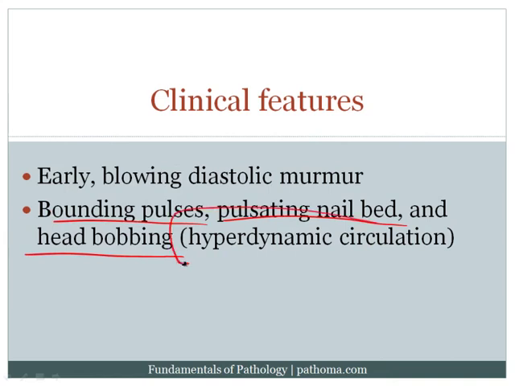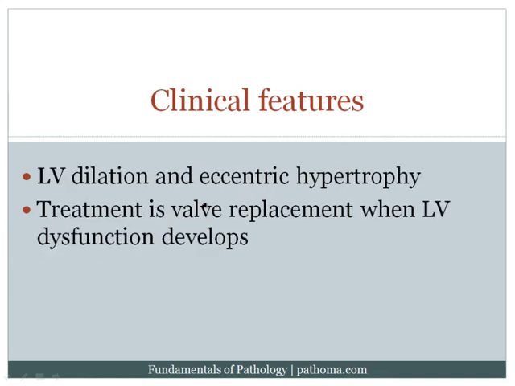And all of this is called a hyperdynamic circulation, and it's based on the fact that the systolic pressure increases because of the increased stroke volume with the regurgitation, and the diastolic pressure decreases due to the fact that some blood is being regurgitated back into the heart. Additional clinical features is that you'll get left ventricular dilatation. As you add additional volume back into the left ventricle, it can dilate.